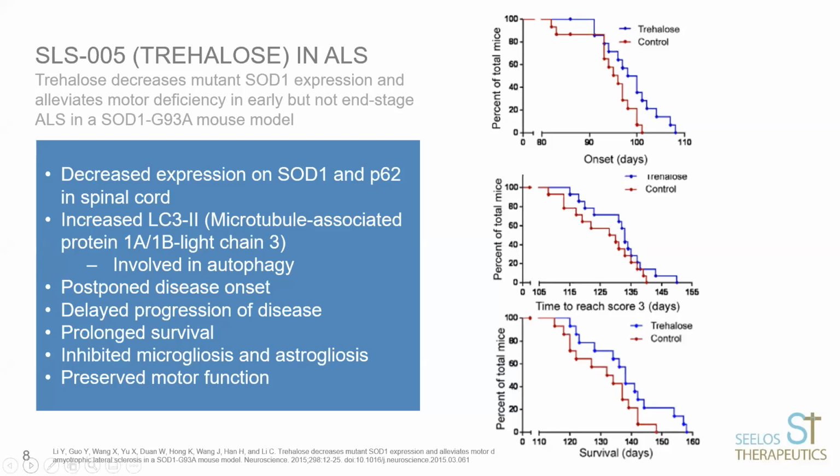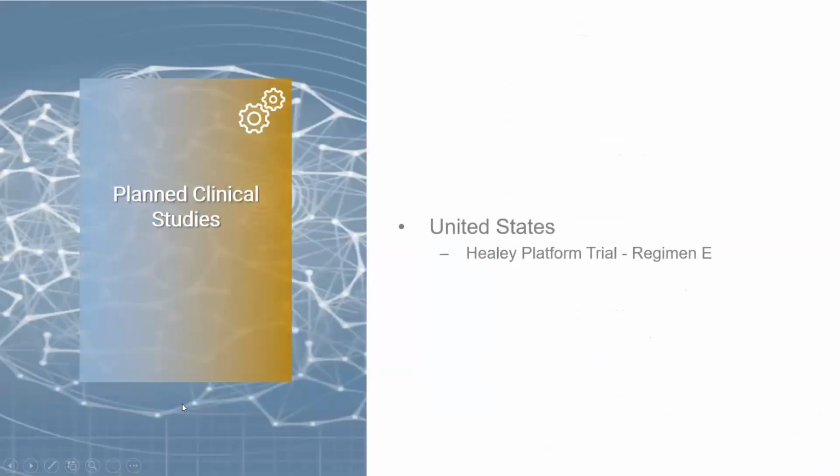So these findings make a compelling argument to do a registrational study through the Healey platform. We have the Regimen E, the 160 patient study. We anticipate it will start enrolling and dosing patients next month. In terms of the placebo versus the drug, it's 3-to-1. Three patients will get the drug per one patient on placebo.